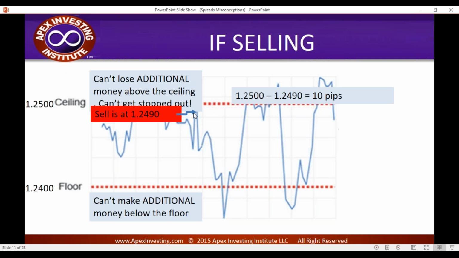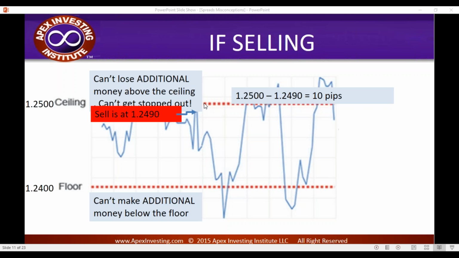The way it works with spreads is $1 a pip, so what is my risk on this trade? Just to make sure we're following along here: what's the most I can possibly lose on this trade with one spread? Yes, $10, exactly.